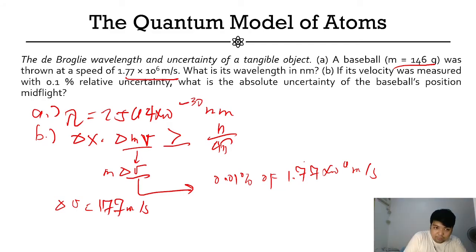Okay, so in order to know the uncertainty of the baseball's position, you transfer this term to the other side, so it would look like this.